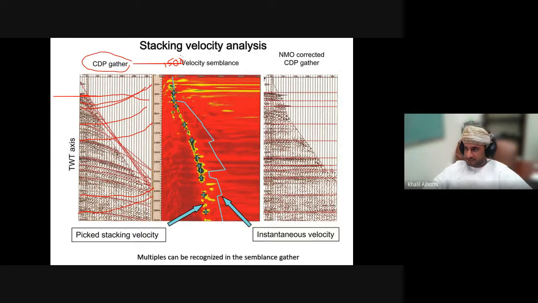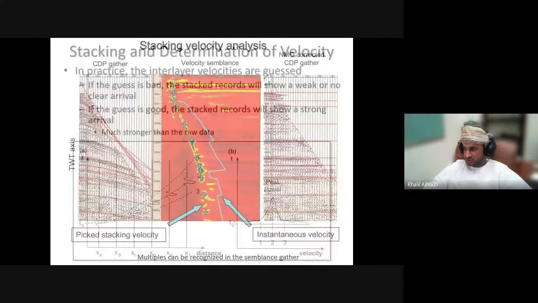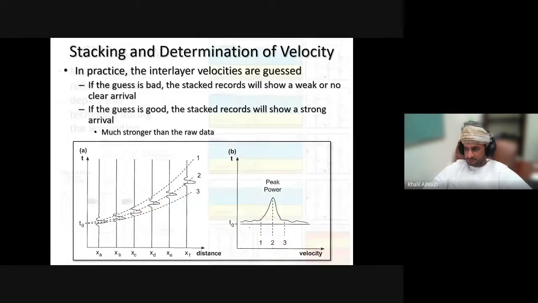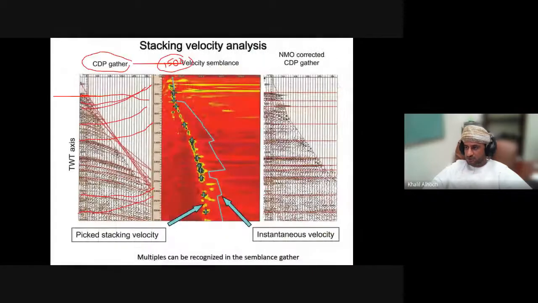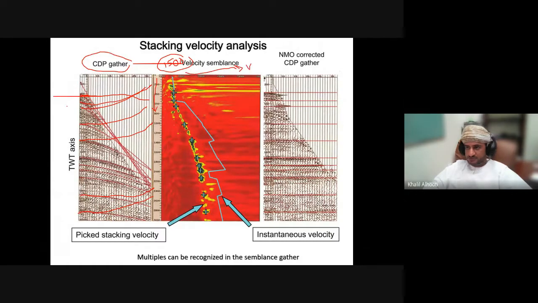So for this specific velocity, if I plot this semblance, what I see is time and also velocity. Time versus velocity. So I have the time axis, and this is the velocity axis.